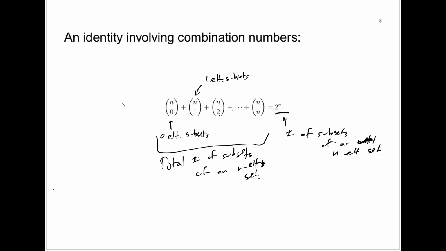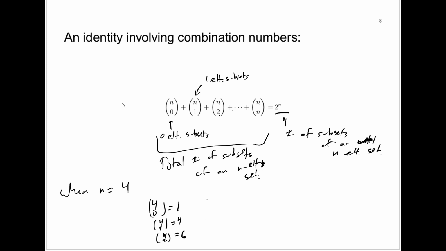Try writing that out. For example, when n equals 4, how many 0-element subsets do we have? Well, we know that that's just 1, because n choose 0 is always 1. How many 1-element subsets do we have? That's just going to be 4, because n choose 1 is always n. How many 2-element subsets do we have? Well, you might just play around with this a bit. So try to write them all down, or just use the formula, and you'll see that 4 choose 2 is 6.